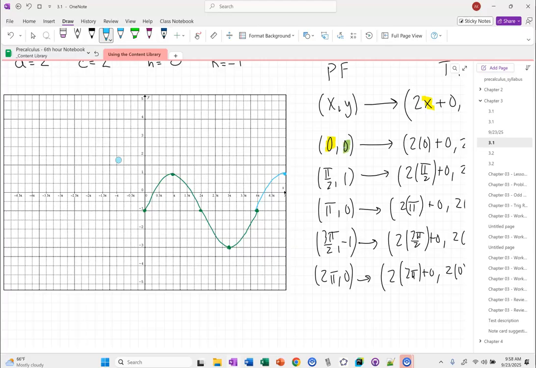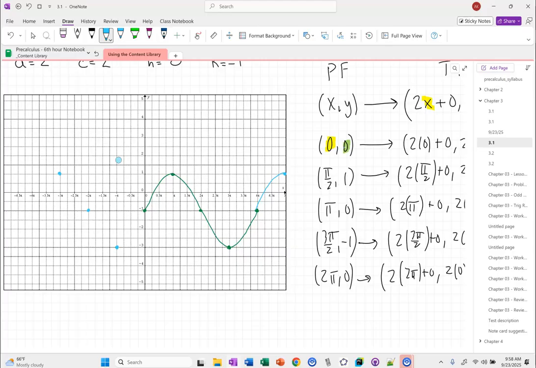So I'll go 1 pi over to the left and then 2 units down. And then I go back to the midline. So I'm going to go 1 pi over and then 2 units up. And then from the midline, I go back to a maximum. So I'm going 1 pi over and 2 units up.